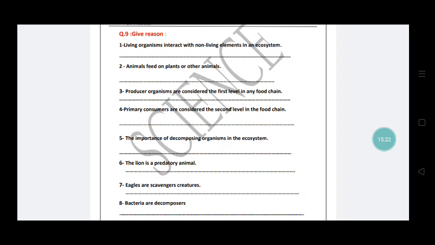Okay, number two, animals feed on plants or other animals to survive or to get energy.